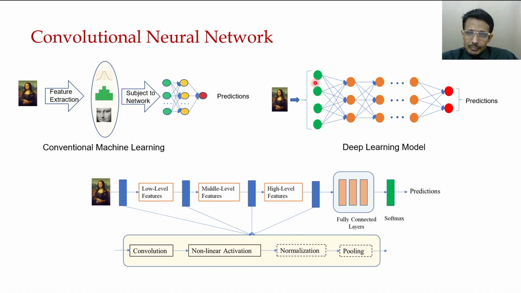What is important is that these low level, mid level and high level features hypothetically create this automatic feature extraction. The features extracted by these layers are fed to the fully connected layers.